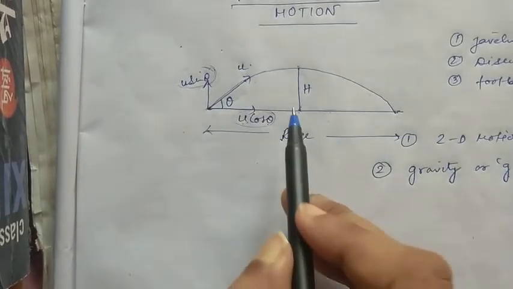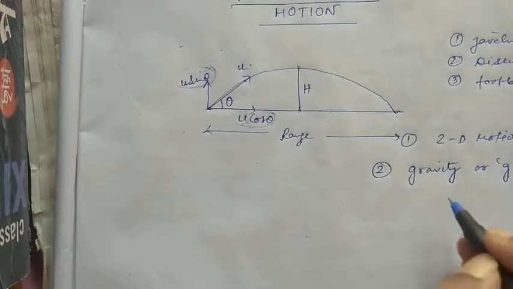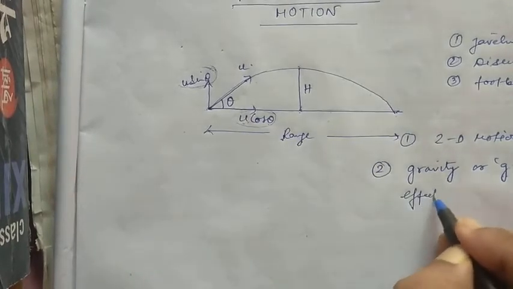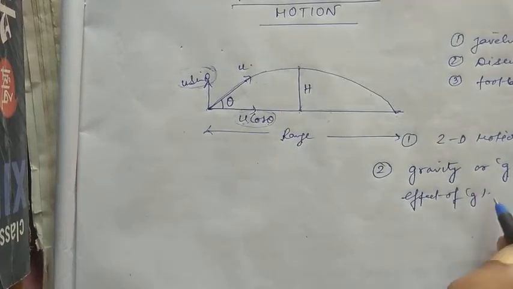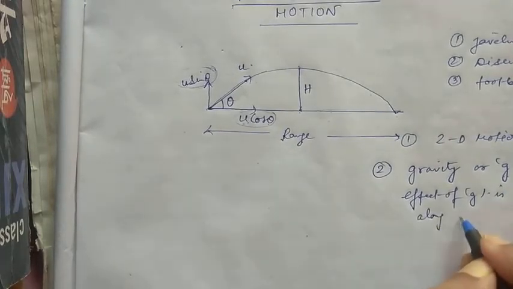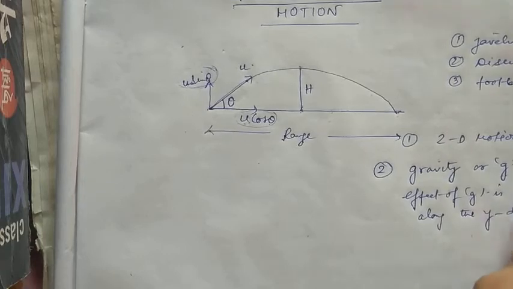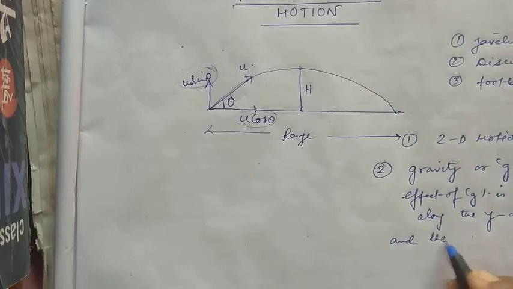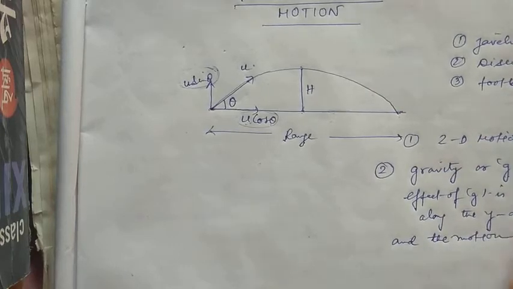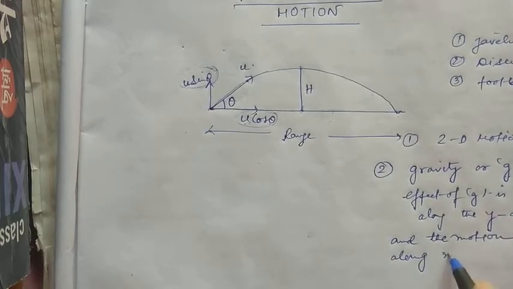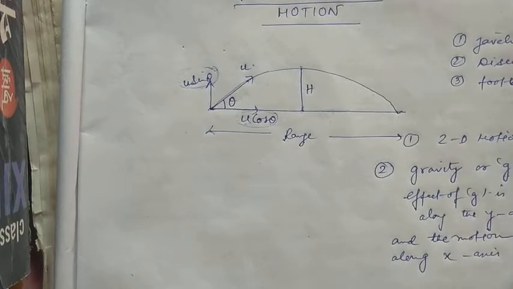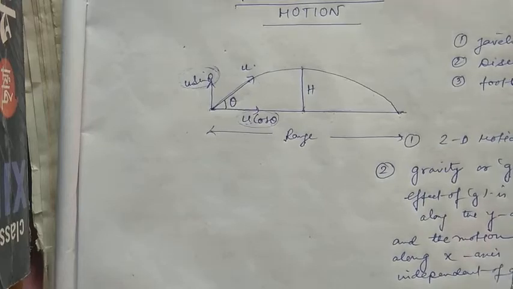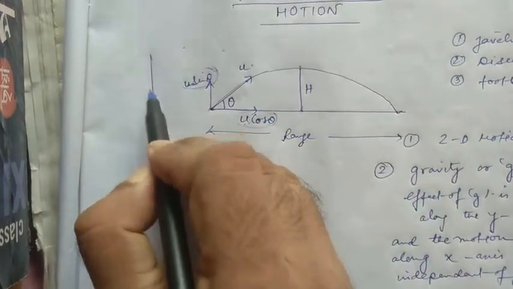The effect of g is along the y direction, and the motion along the x-axis is independent of g, because g acts downwards.